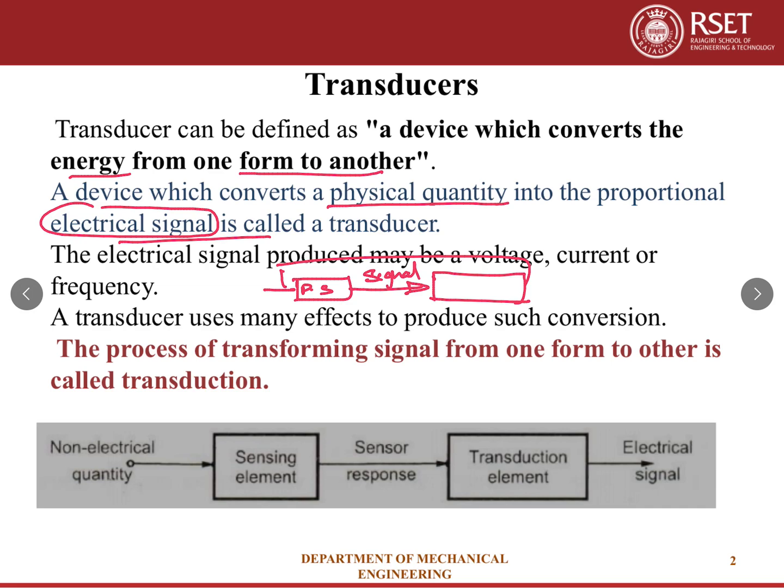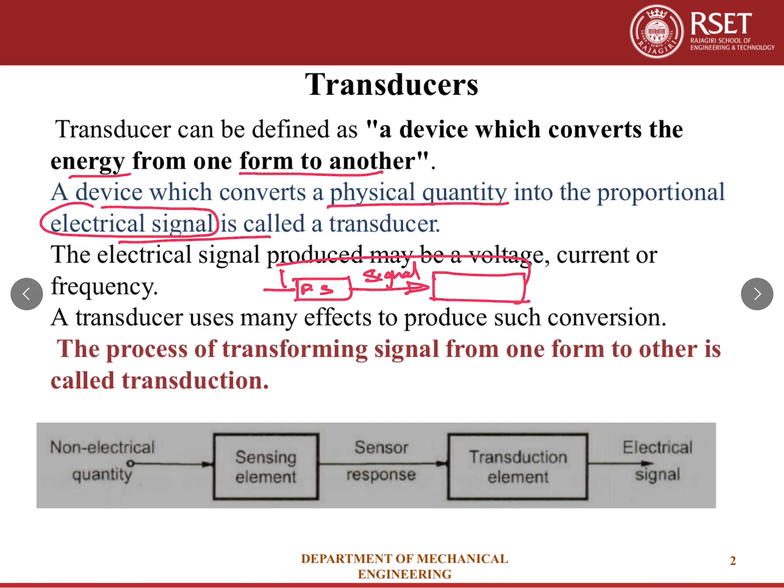In electrical transducers, we are doing that conversion along with sensing the signal. A transducer uses many effects to produce such conversion. It can be a resistance effect, or an inductance or a capacitance variation that results in this conversion of a physical quantity to an electrical signal.